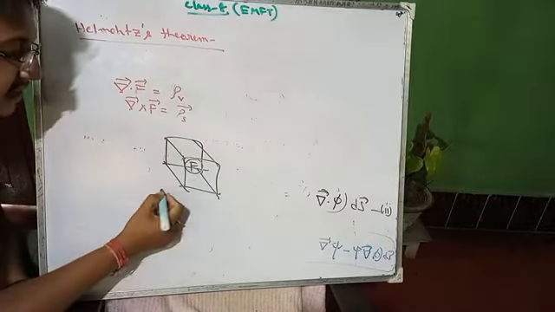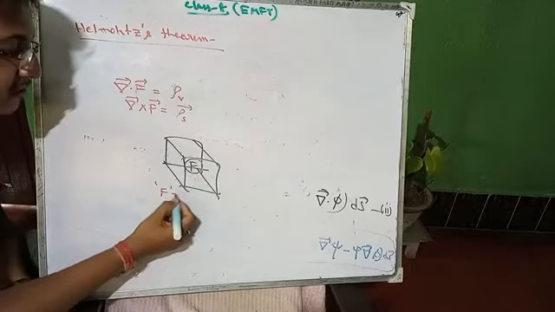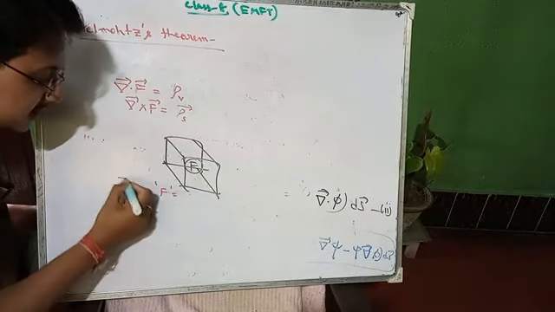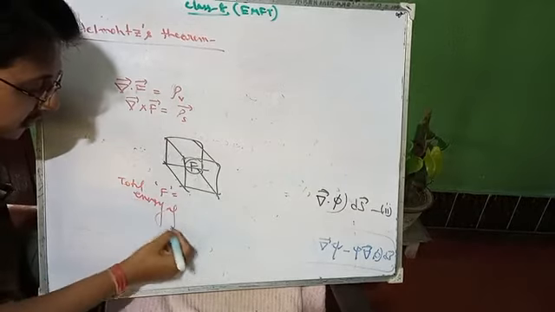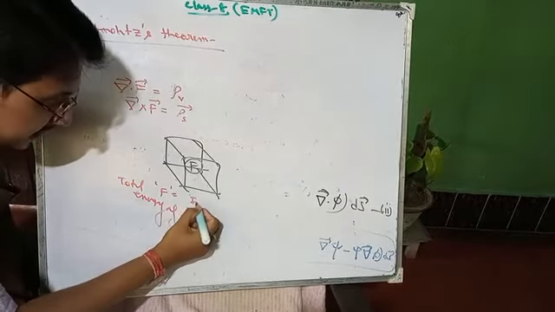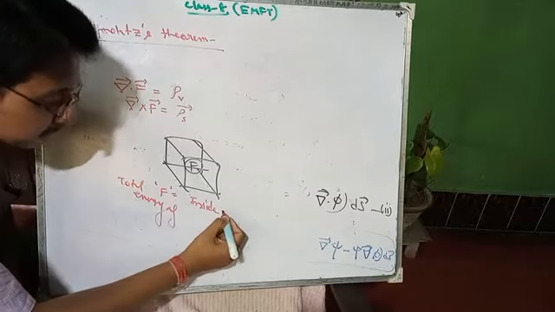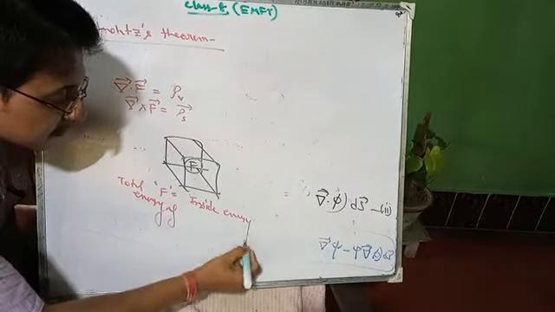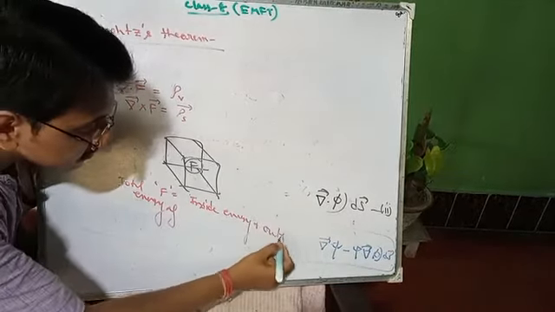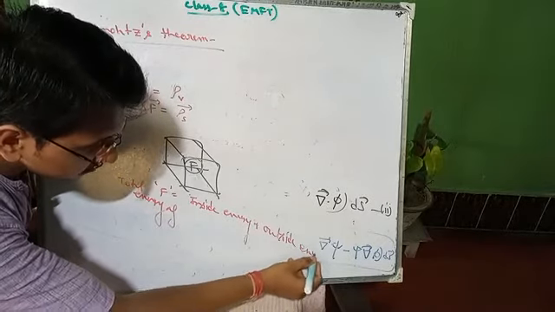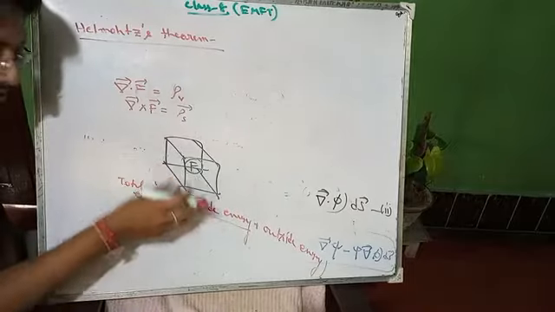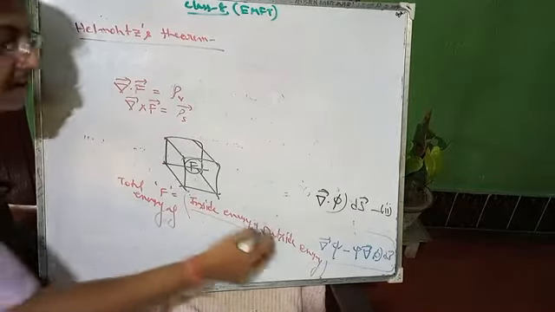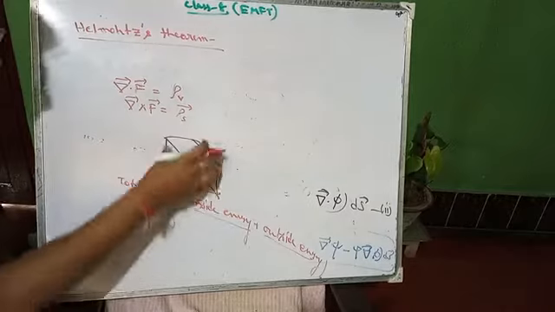Can we write the total energy of F equals inside energy plus outside energy? Inside energy means redundant energy and outside energy means output energy from this system.